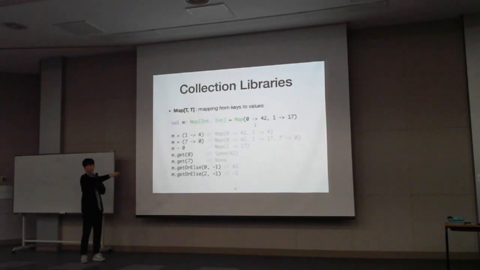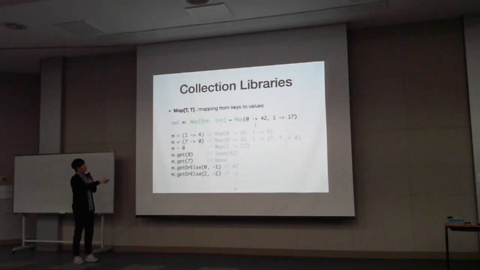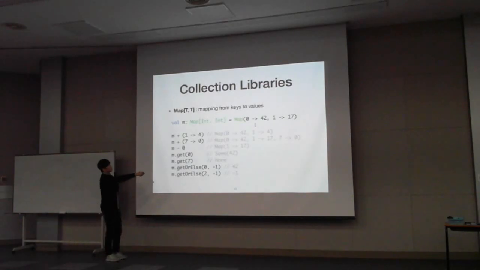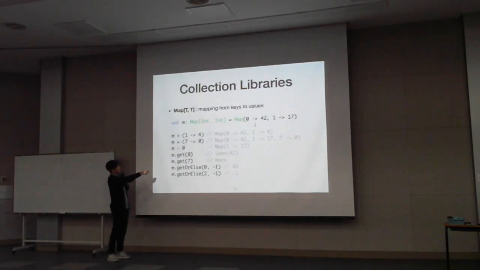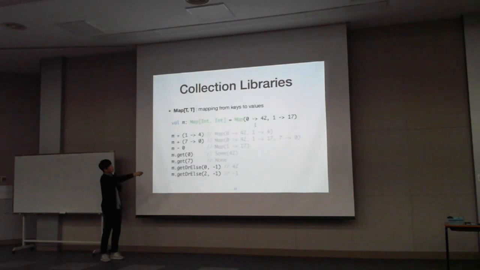m is always here. And you can get the value of a key. If you want the value of key 0, then use the get function. In map m, 0 points to 42, so it returns Some 42, an option type, in here. But if it does not have key 7, it does not return anything, so it returns None.